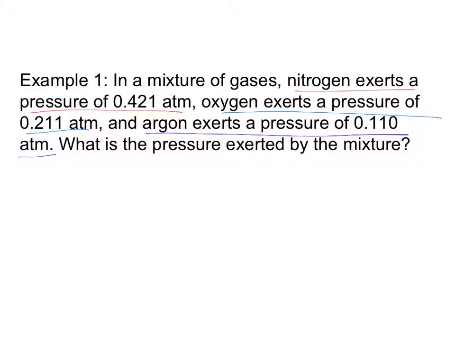And so if we're asking what the entire pressure exerted by the mixture is, we would go to the partial pressure law, which says P total is equal to pressure of gas A plus pressure of gas B plus pressure of gas C. And then specifically, we're going to be talking about pressure of nitrogen, pressure of oxygen, and pressure of argon.